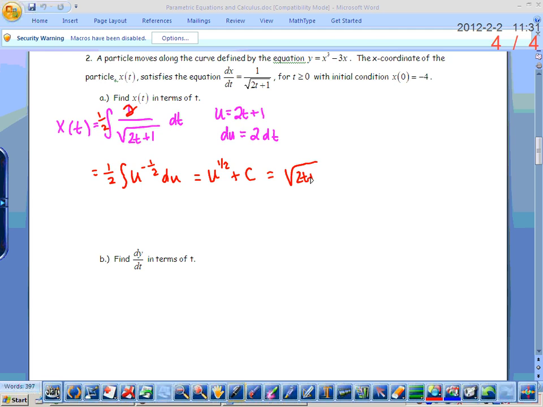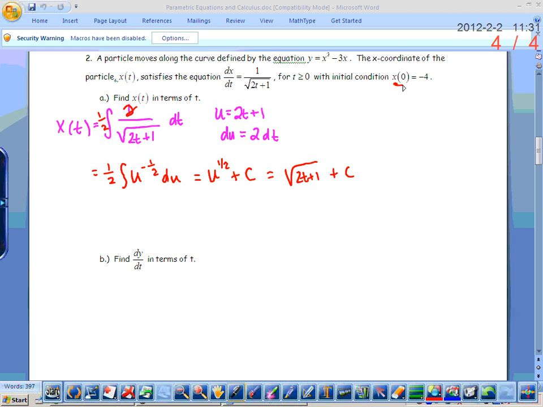Square root of 2t plus 1 plus c. You always need to think to yourself, is there any way that I can find c? Yes, there is, and no, the plus c is not under the radical, because what we got was u to the 1/2 power, and then plus c after that.